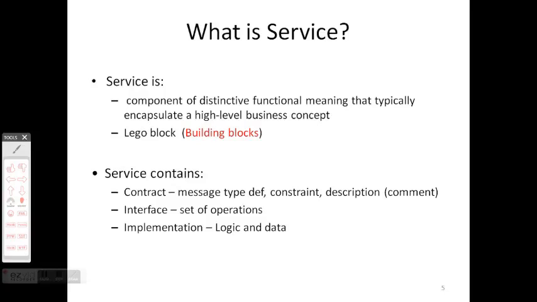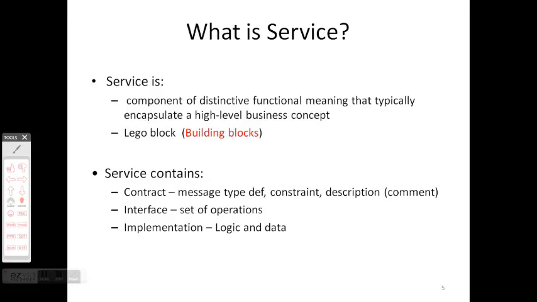Let's see what a service is and how we define services. As I explained before, a service is a component of distinctive functionality, meaning that it typically encapsulates a high-level business concept. So a business concept is basically a business operation that does a simple individual thing.